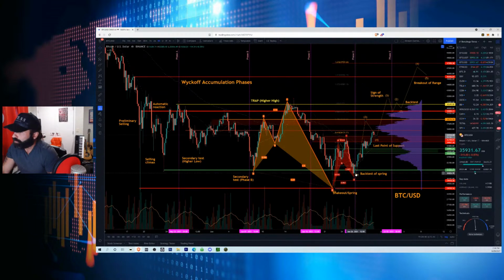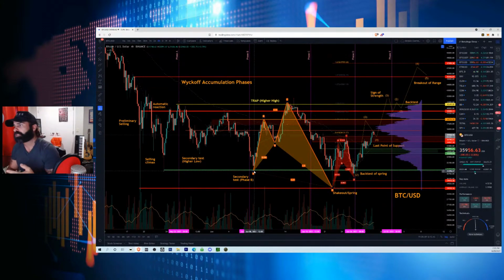And after we caught that resistance, we came back down, we back tested that initial spring. Right, we sprung up, we chopped around a little bit, we came back down, back tested that zone as support. And if you look closely, right, the idea behind this shakeout spring is to knock this asset a little bit lower than our support levels, because what that does is it'll knock out stop losses.